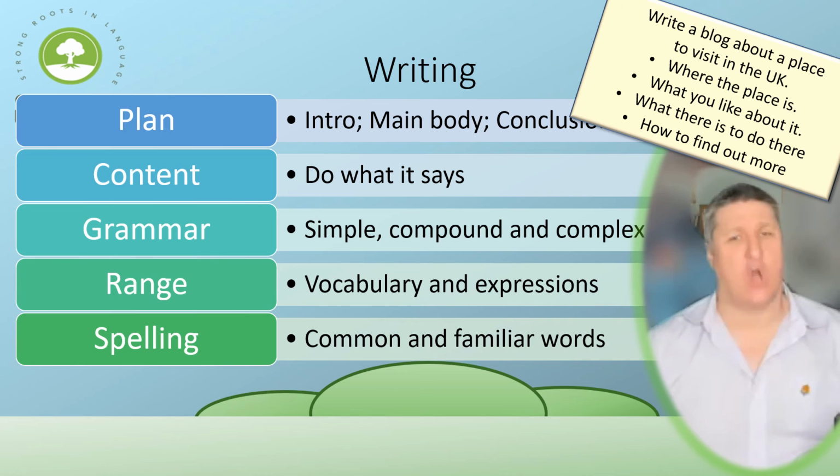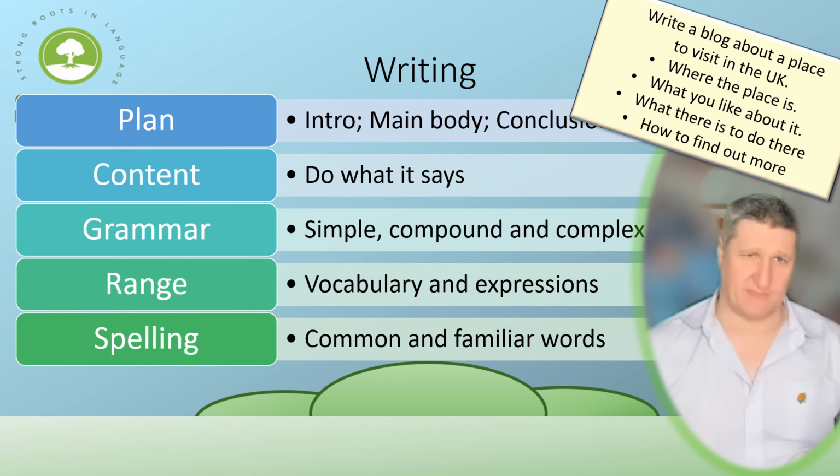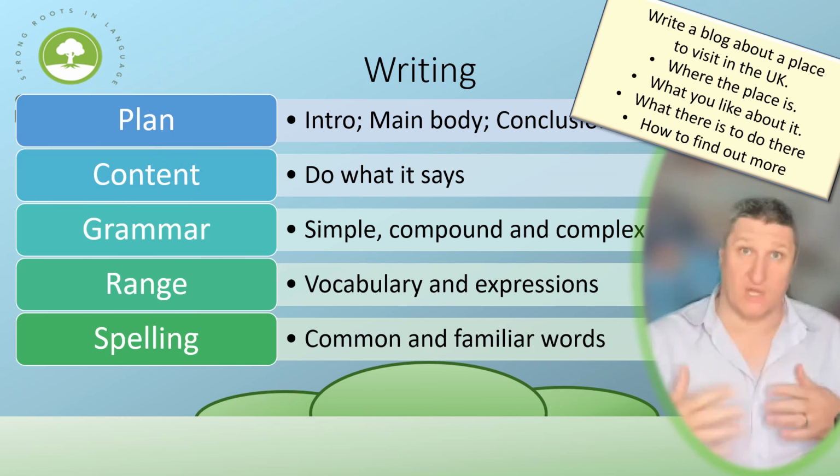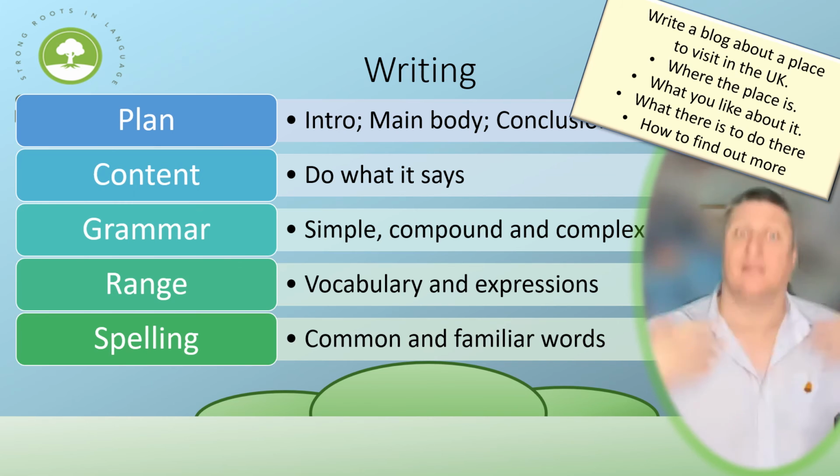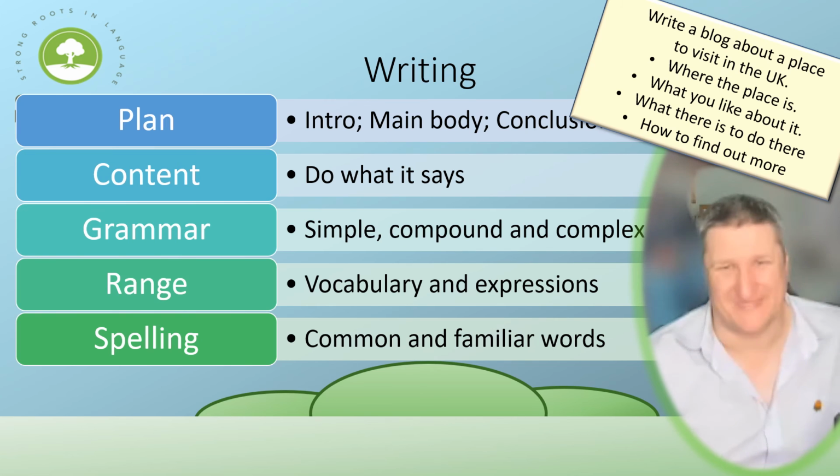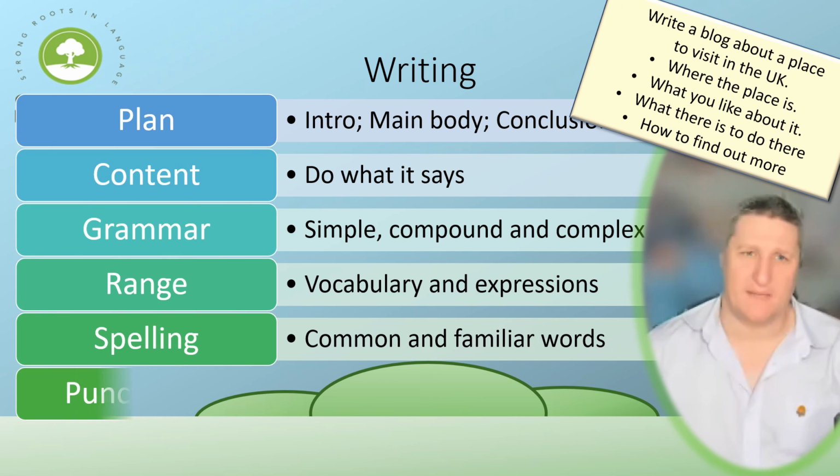Notice that it is common and familiar words that should be spelled correctly. If it's an unusual word, if it's a low frequency word, no one is going to prosecute you for getting that wrong. But just do the best you can. And if you know you're going to use a word that you sometimes find difficult to spell, practice it first.